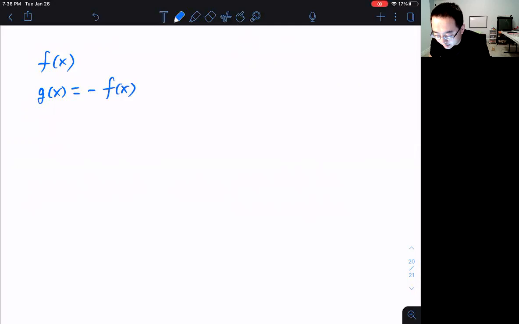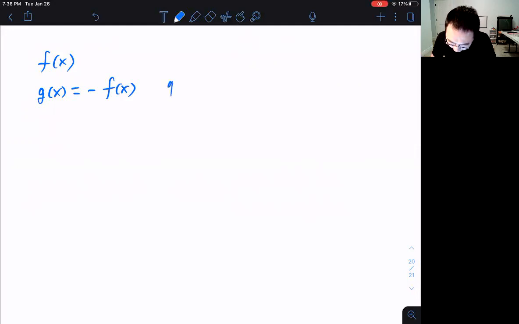Okay, what I mean is, well, if you have a function f of x, whatever the function is, and then you have g of x equals negative f of x, okay, then this is the reflection of the graph of f with respect to the x-axis.